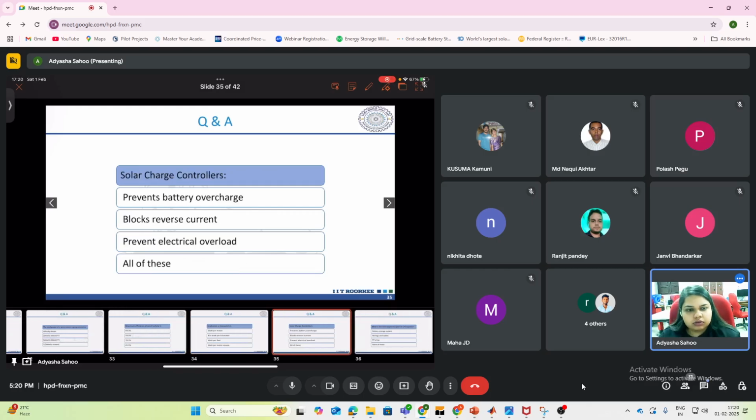And what are the functions of the solar charge controller?